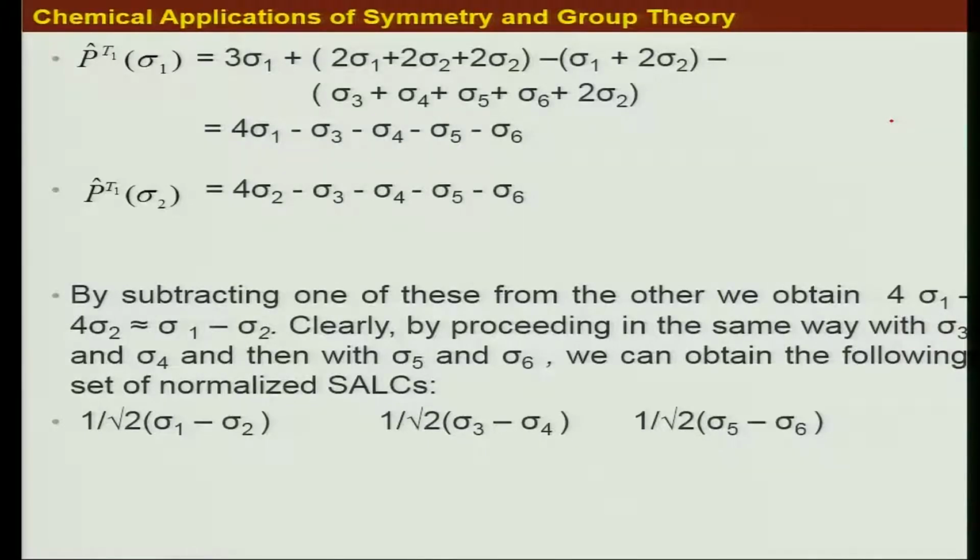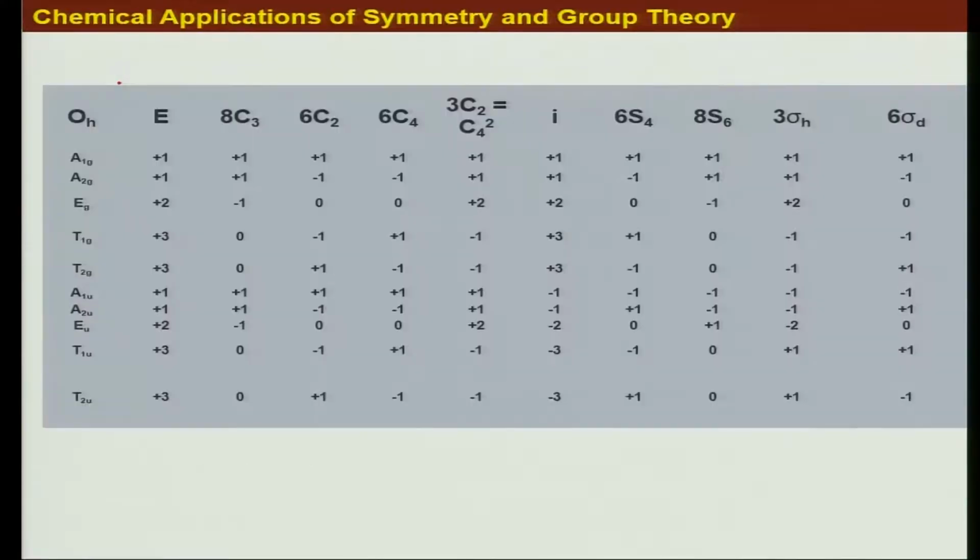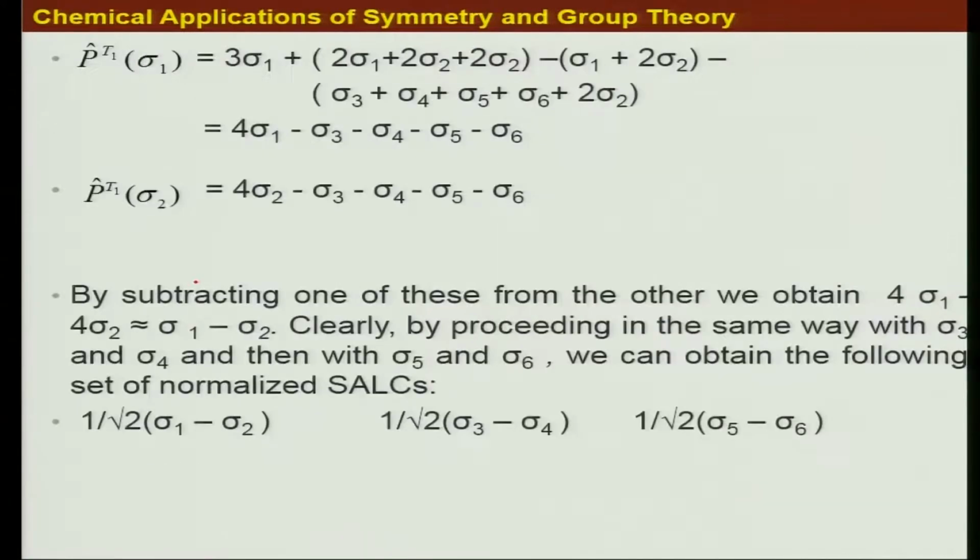All right. So what have we got? If you look at the character table for Oh, you will see there are three-dimensional representations: T1 and T2, both g and u. You get the symmetry adapted linear combinations for the T1 irreducible representation when you operate on any of these functions.